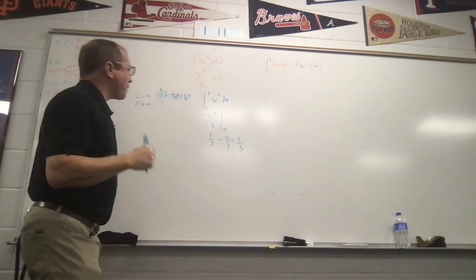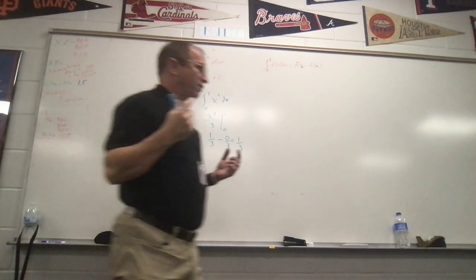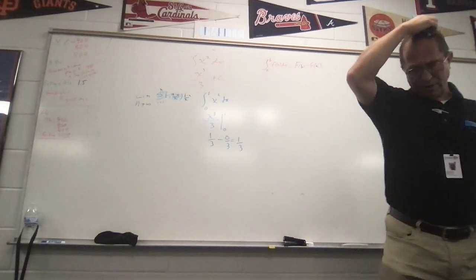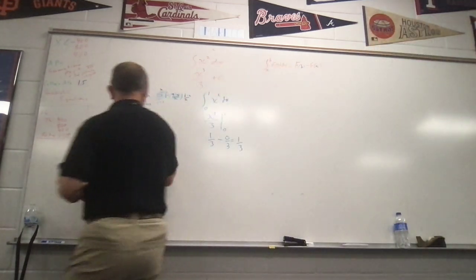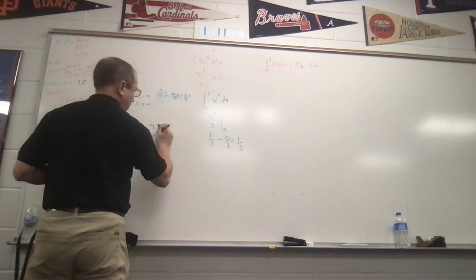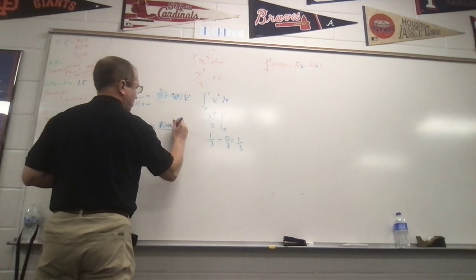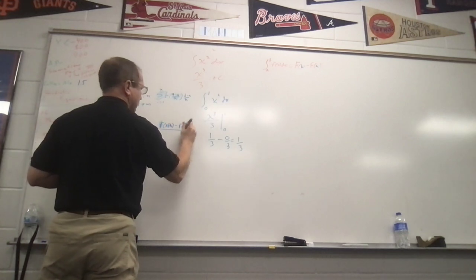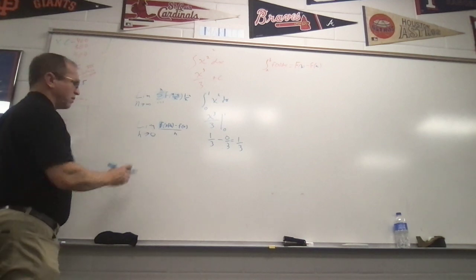Well, what's happening in this antiderivative is, think about when we learned what a derivative was. When we learned what a derivative was, we said it was the limit as h approached 0 of f of x plus h minus f of x over h, right? That was the derivative.